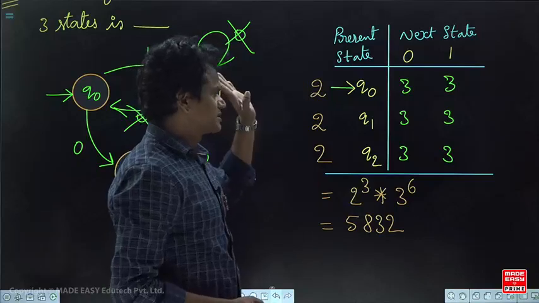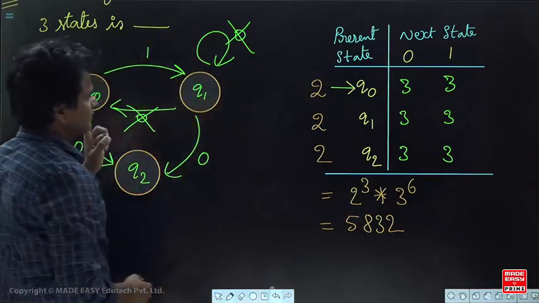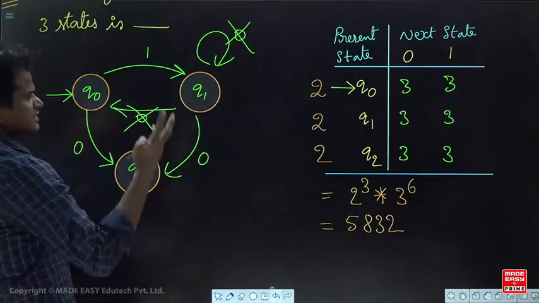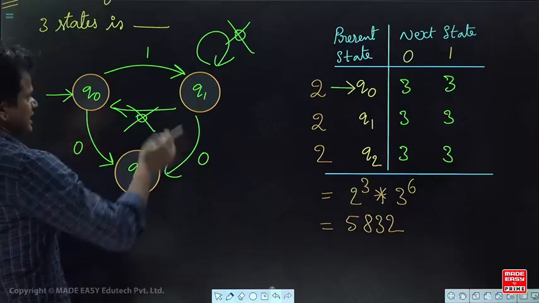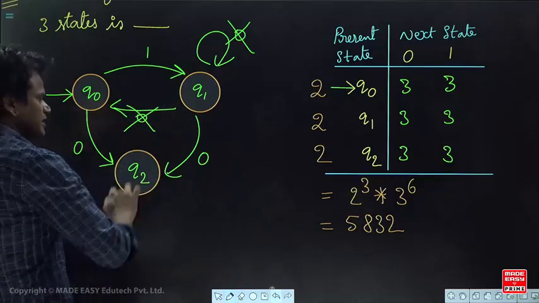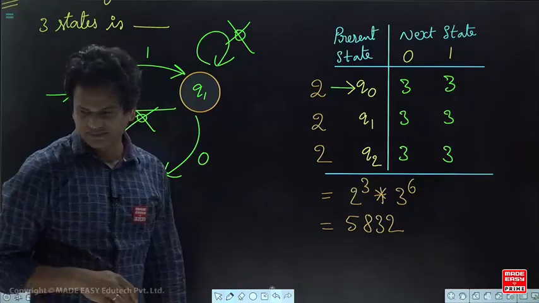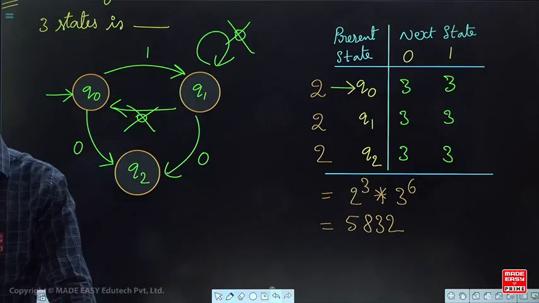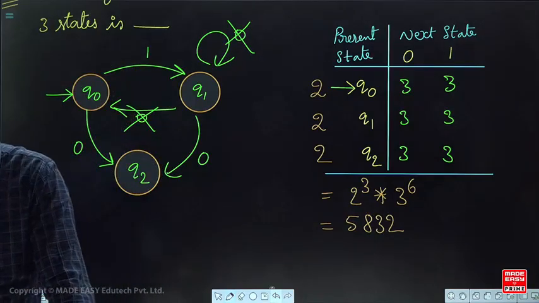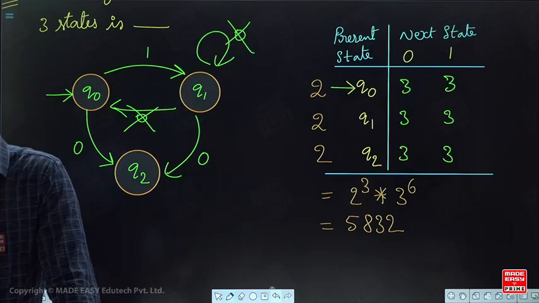Total 8 combinations. What are they? No one is final. Any one is final, 3 plus 1, 4. Then any two final, then all are final. Total 8 combinations. That is the answer guys, 5832. Okay, copy.